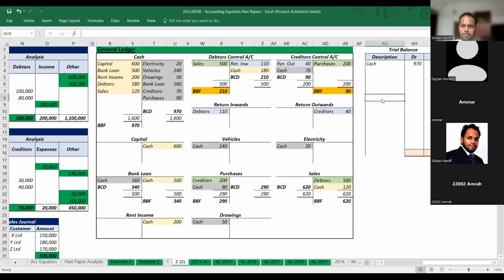Cash 970. Debtors 210. Creditors 90. Remember, all the expenses and assets debit; capital, income, liabilities credit.